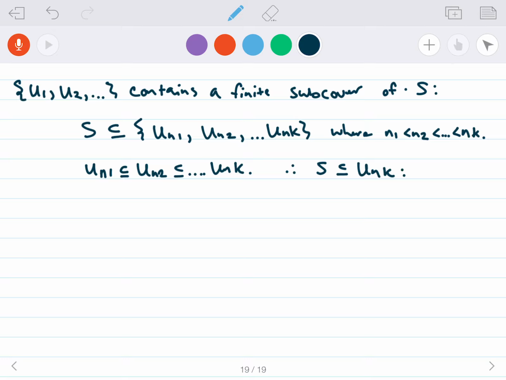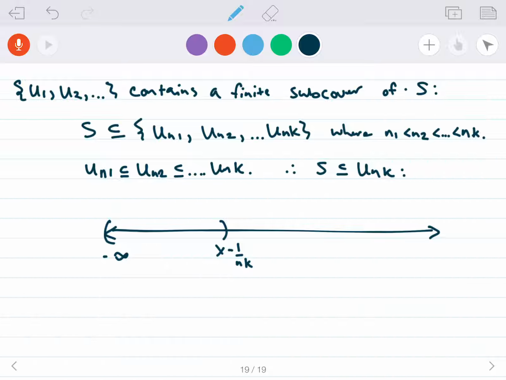We can draw a picture here. We have negative infinity to x minus 1 over nk, and then x plus 1 over nk all the way to infinity. Our set S is going to be in purple, maybe somewhere in here and here.